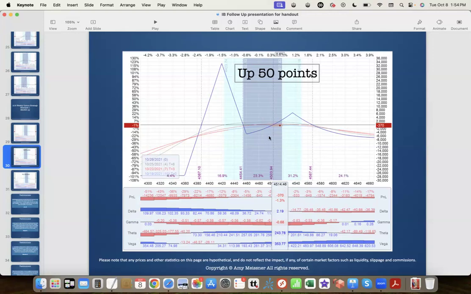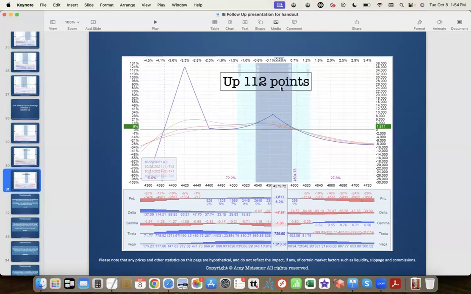This was in 2021. And this one then continued to move up. We're now up 112 points, but because of the tactics that I was using, I have this nice big area where we have profit potential. And in this case, I was able to hit my profit, even though we really had a pretty big move up and I had to keep making adjustments on this.